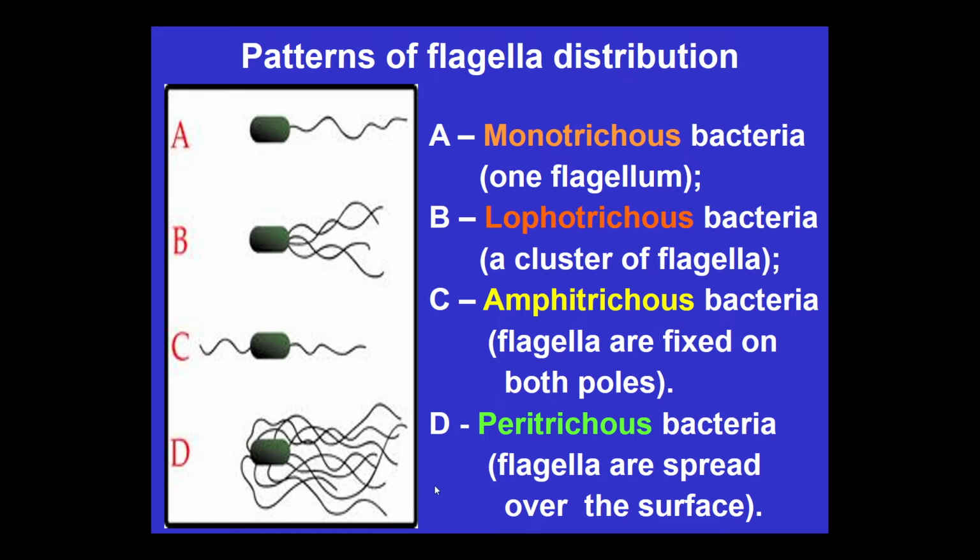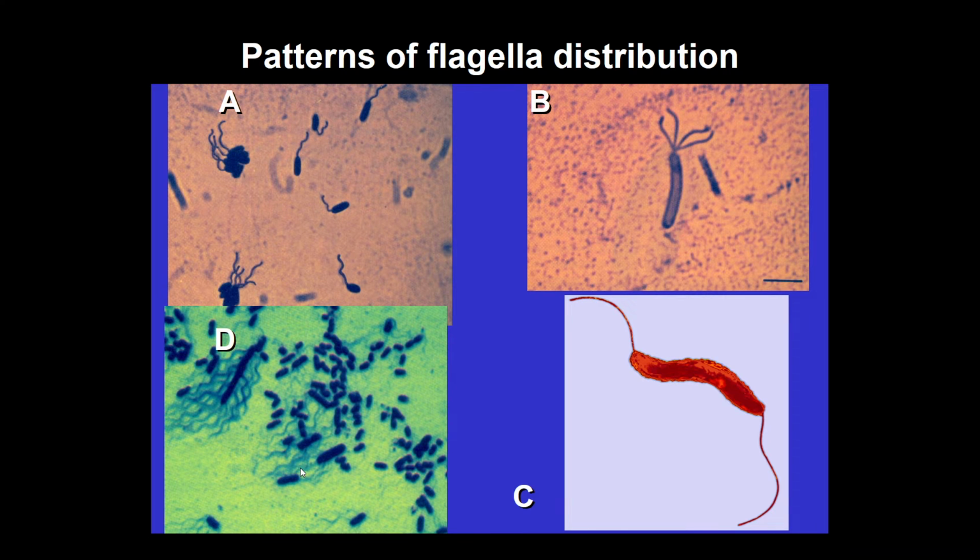So the flagella can be located in several ways. You can see monotrichous, lophotrichous, amphitrichous, on both sides, and peritrichous. And here you can see the examples of bacteria with one flagellum, that is Vibrio cholerae. Amphitrichous bacteria, that is a Campylobacter.